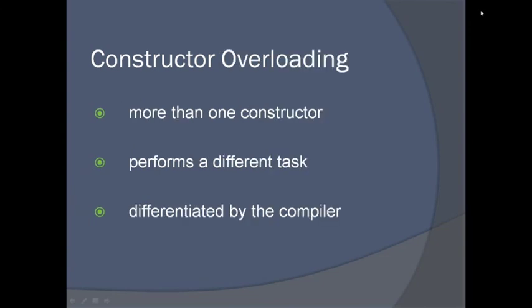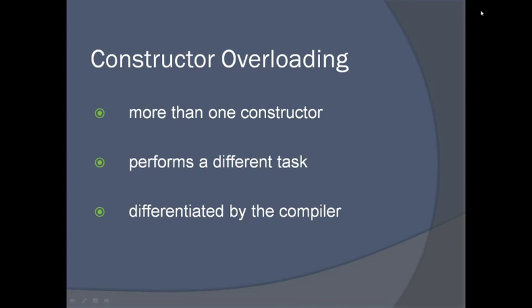Now let us see the concept of constructor overloading. Constructor overloading is a technique of having more than one constructor with different parameter lists. They can be arranged in such a way that each constructor performs a different task.